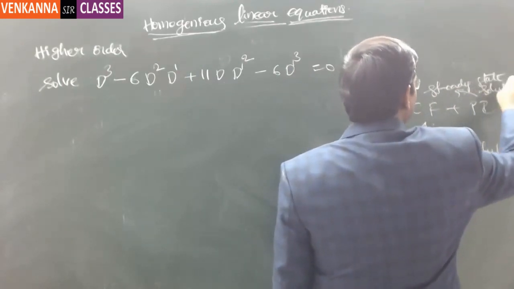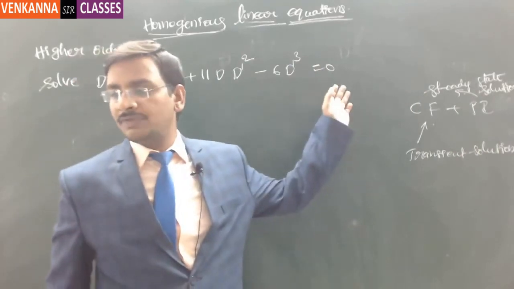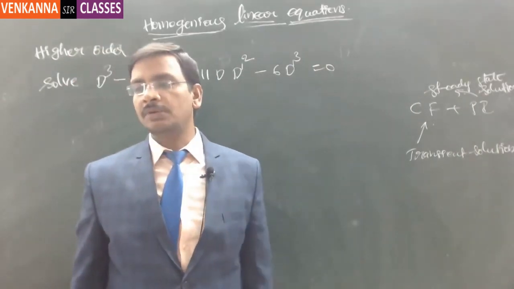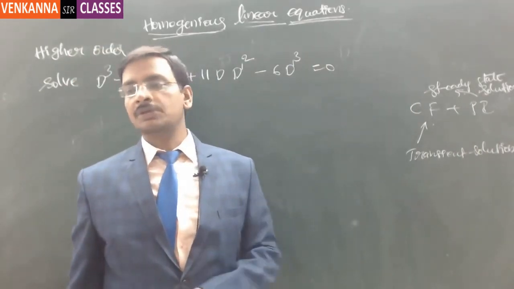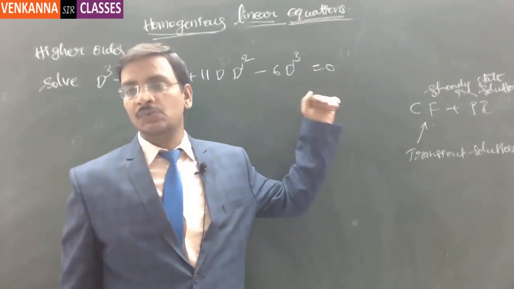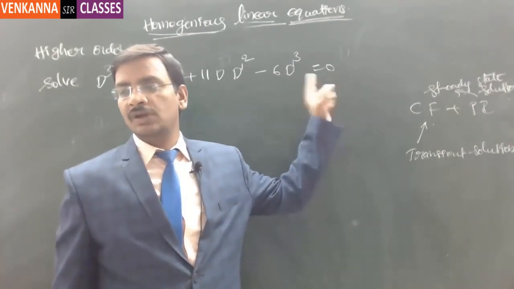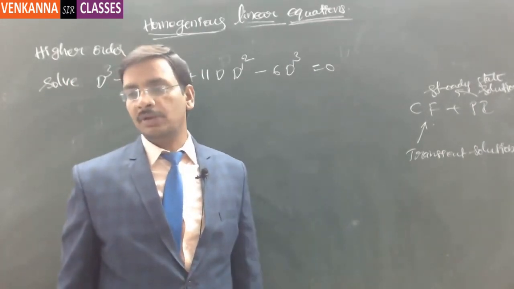The steady state solution depends only on the right side function. If you take simple harmonic motion, the right side function, if it is there, gives what we call forced oscillations. Finally, this is the one which will govern the oscillations of the simple pendulum, right?